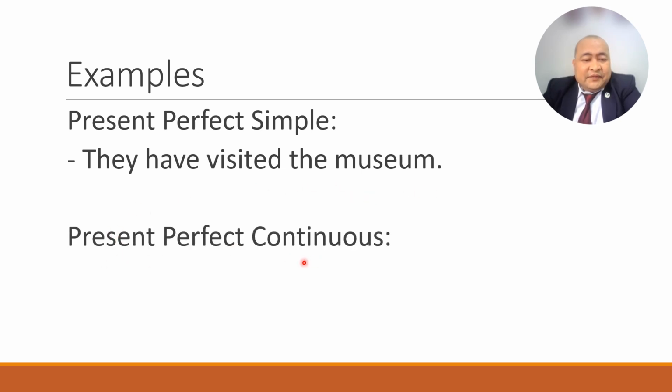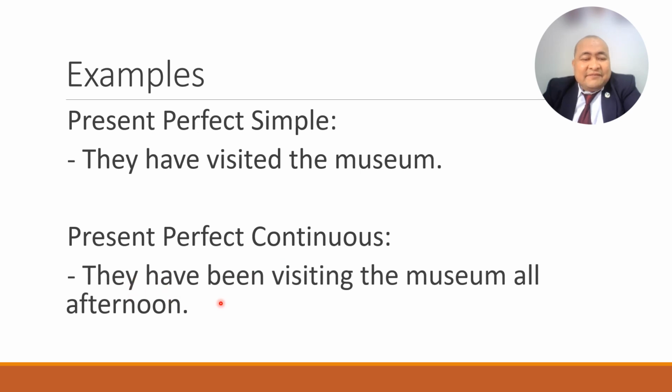While the present perfect continuous, they have been visiting the museum all afternoon. It means they are still at the museum. They are still looking at things at the museum because they are at the museum. They are still visiting the museum.